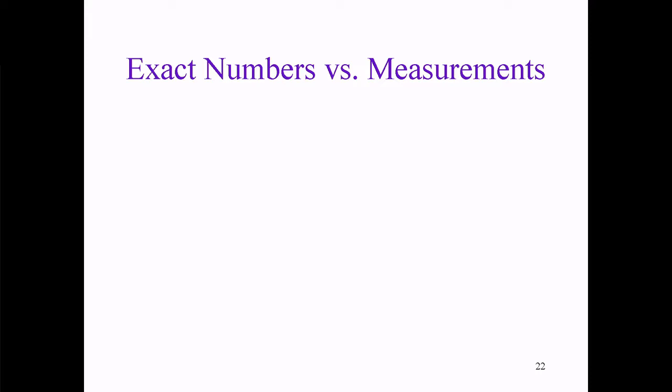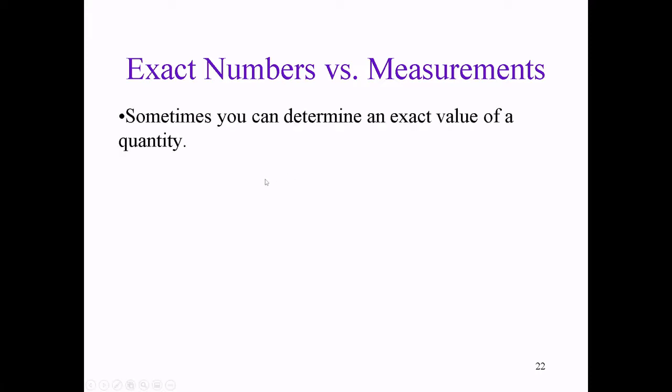The first thing to discuss here is exactly how you come across an exact number. There are really two ways that you can know the exact value of a quantity. The most common method is by counting. For instance, if you counted the number of pennies in a pile, you would know with absolute certainty how many pennies there are.